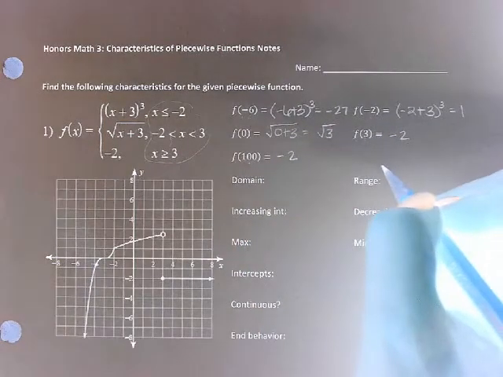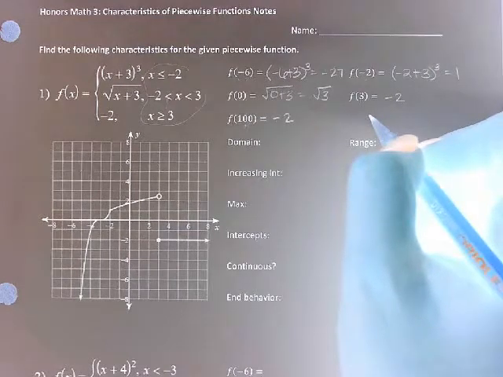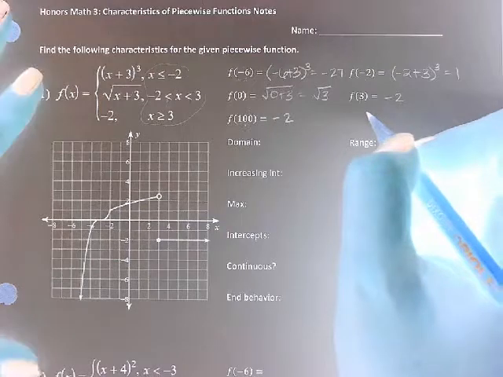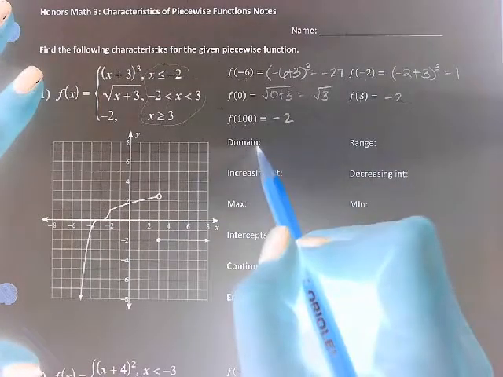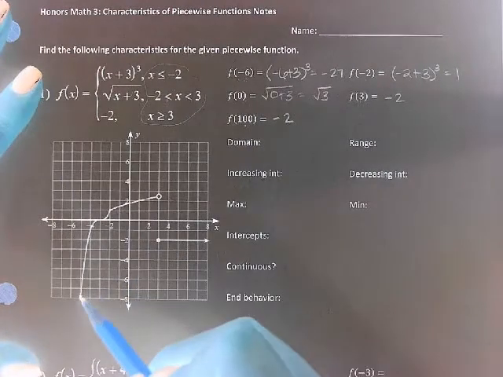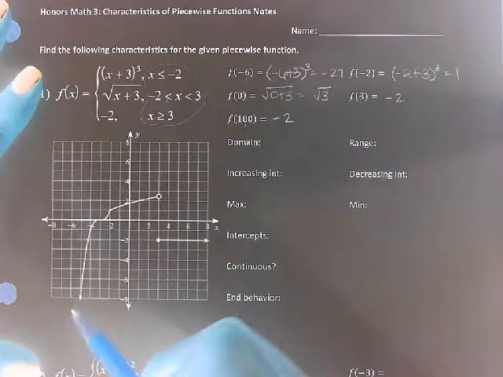Okay, so for these ones, the domain and the range are going to feel a little bit trickier. So we're typically going to look at the graph to find the domain and range. And the domain is all of the x values from left to right. And we're going to see if any of them are skipped. Okay, so this one has an arrow going to the left. So I know that all those negative values are going to be there.